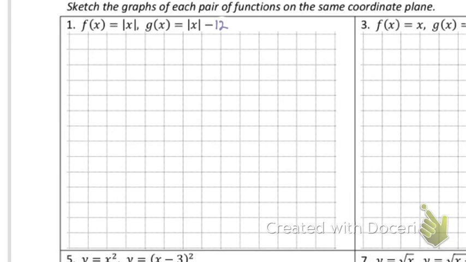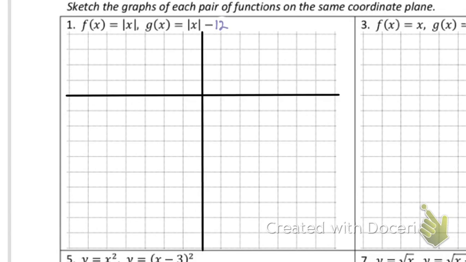Well, 12 units might be hard to count out, but what you can do, knowing that it has to go down 12 units, is to make your XY plane a little higher. Now I can count by 1, 2, 3, 4. If I count by 2s, I would start down here.